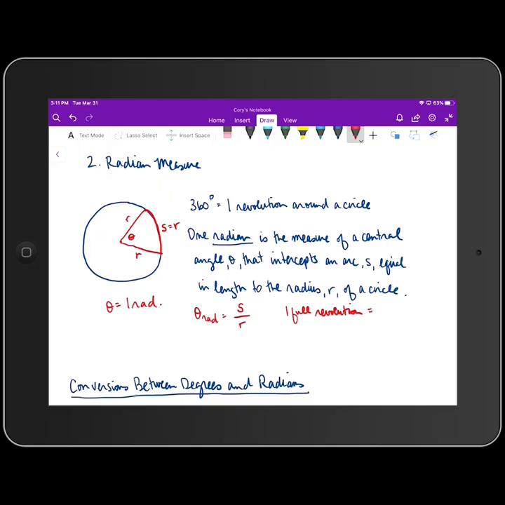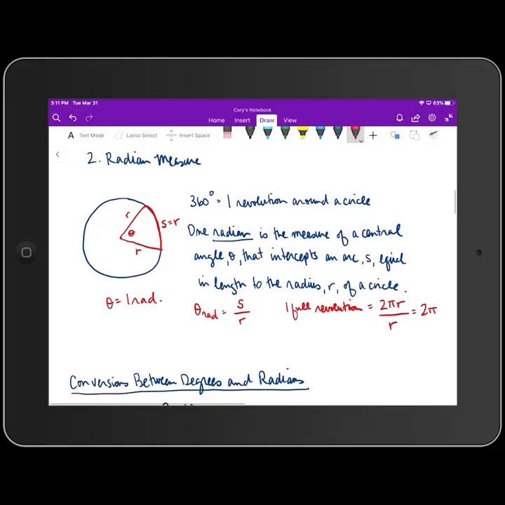And we know that the circumference formula for a circle is 2 pi times the radius r. If we divide that by the radius r, then one full revolution around a circle corresponds to 2 pi radians. So that gives us the relationship between degrees and radians.